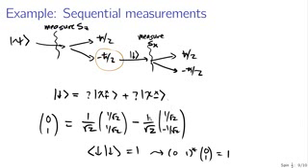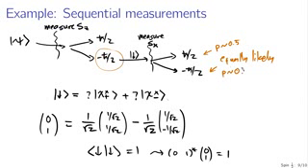This superposition tells us that the down state is an equal superposition of the plus h bar over 2 and the minus h bar over 2 eigenstates associated with the S sub x operator. So both of these are equally likely. This one is going to have a probability of 0.5, and this one is going to have a probability of 0.5.